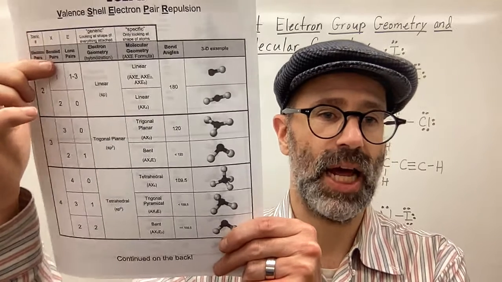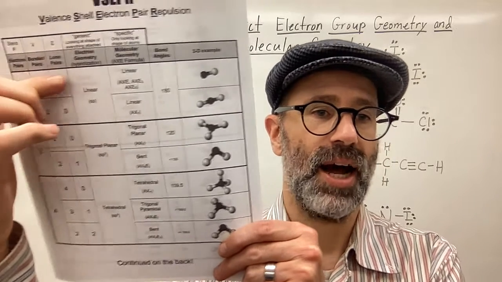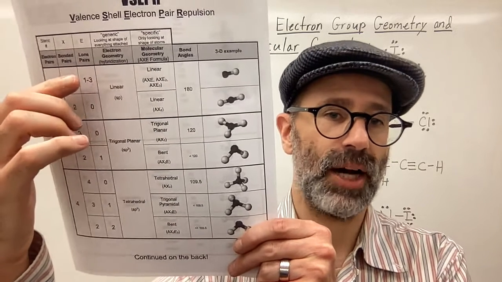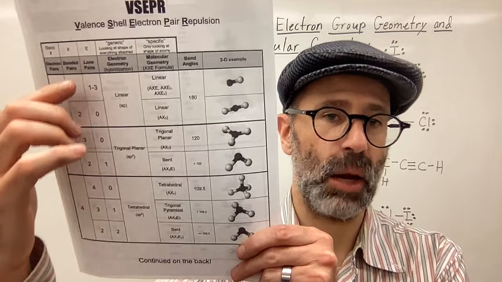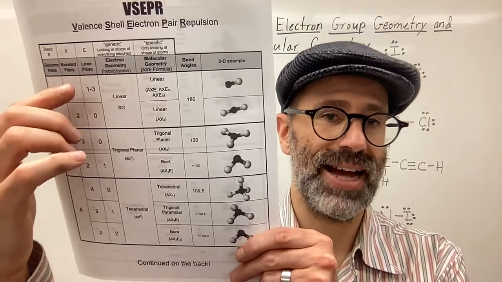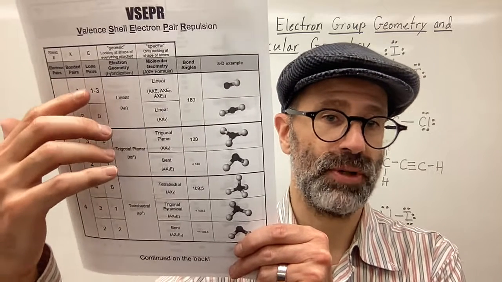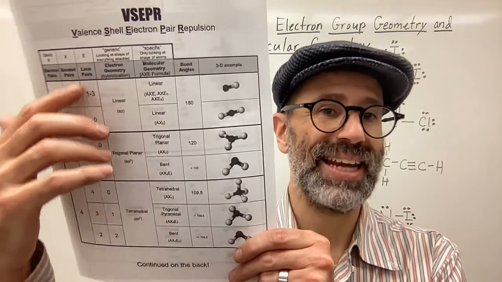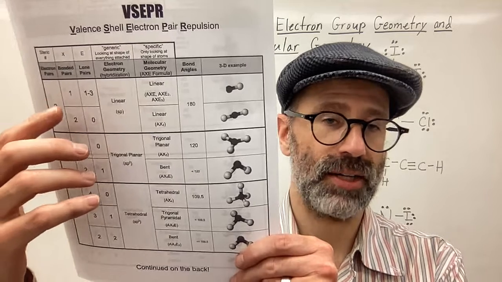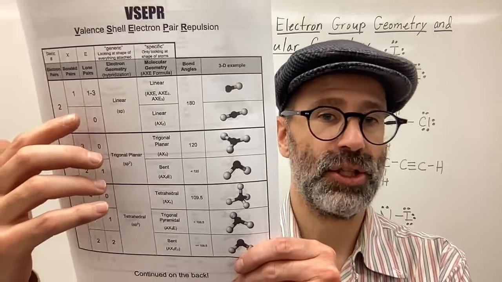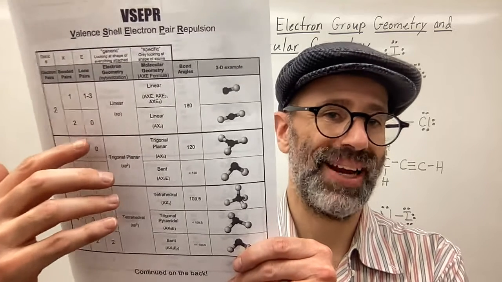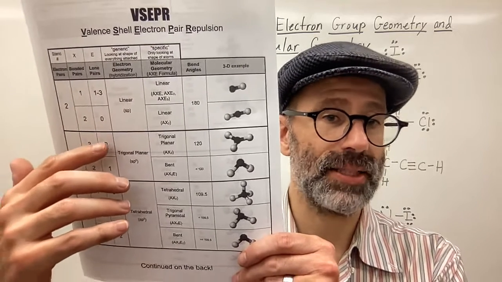I don't really like the term pair because, again, if you have a double bond, we treat double bonds and triple bonds as a single group, although in a double bond there are two pairs of electrons, and in a triple bond there are three pairs of electrons. So I really don't like the term pair in this context.